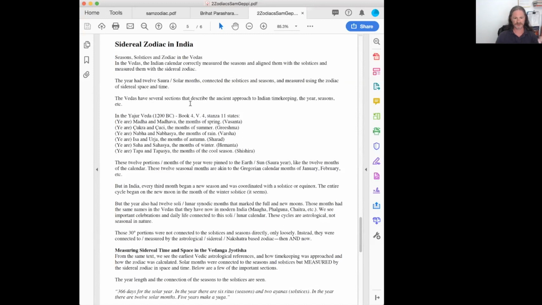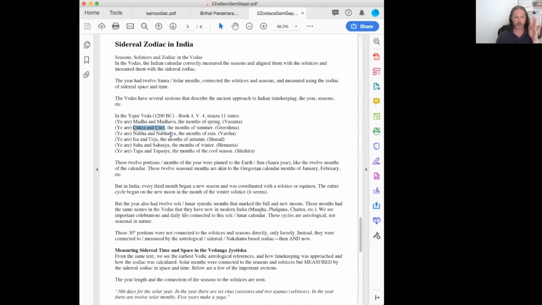So the Vedas have several sections that describe the ancient approach to Indian timekeeping, the year, and the seasons. This is in the Yajur Veda, from the same book as the Vedanga Jyotisha. Book 4, stanza 4 states: ye are Madhu and Madhava, the months of spring, Vasanta. Ye are Shukra and Shuchi, the months of summer, Grishma.